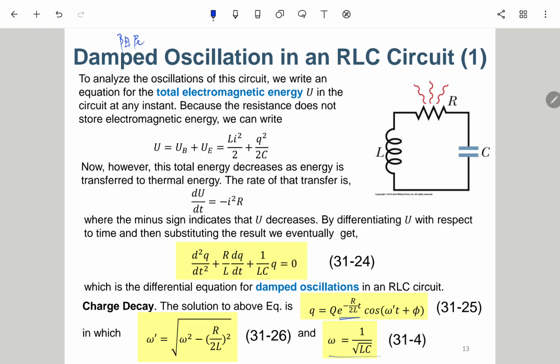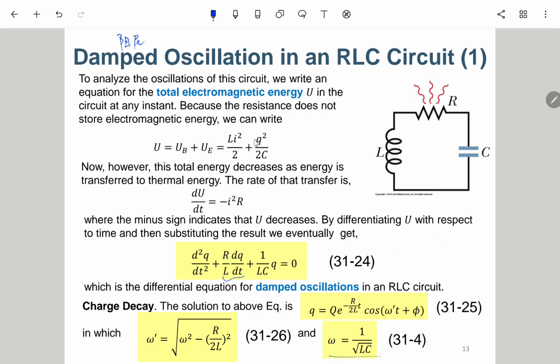This is due to the second order ODE, and the solution s is something like alpha plus j beta. This negative R over 2L is alpha, and this omega prime is beta. That is why we have this solution with this phi.